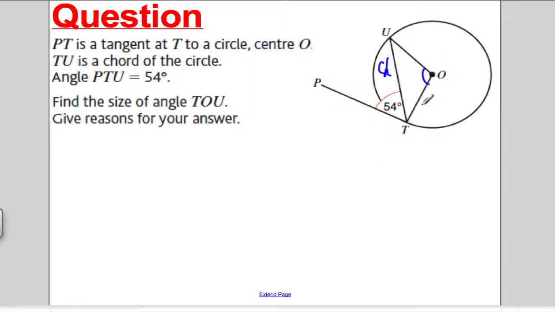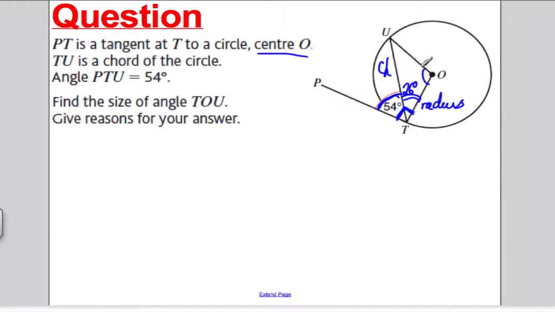Find the size of angle TOU, so this angle here. Now, TO is obviously a radius, because it's a line from the centre O to the edge of the circle. When a tangent meets a radius, the whole angle is 90 degrees. Now if that whole angle is 90 and just this part of it is 54, this must mean that this angle here is equal to 26 degrees.